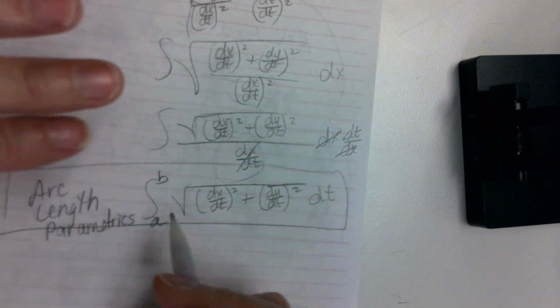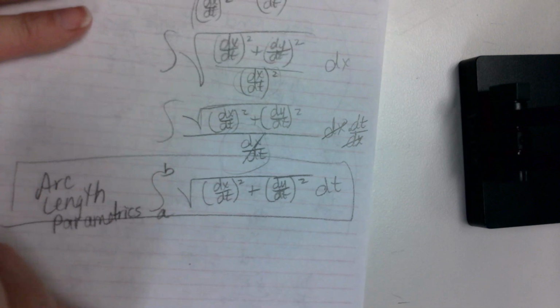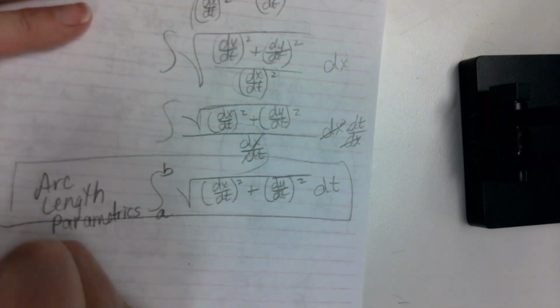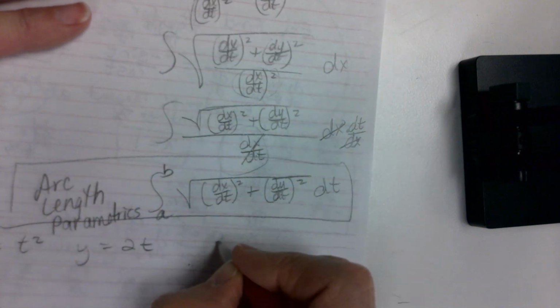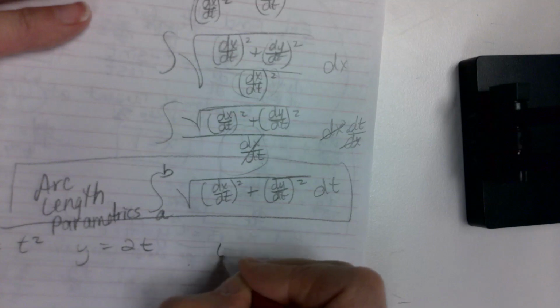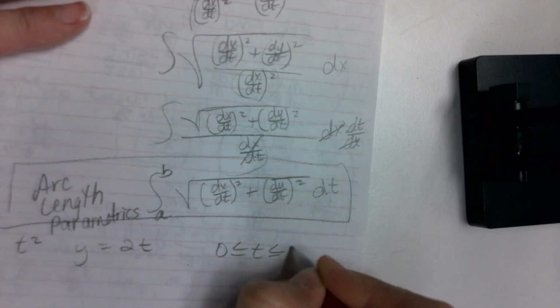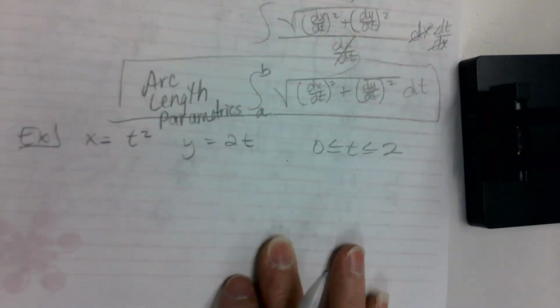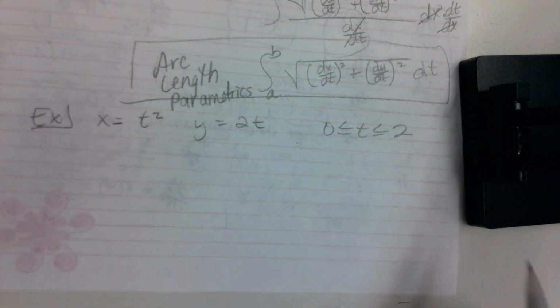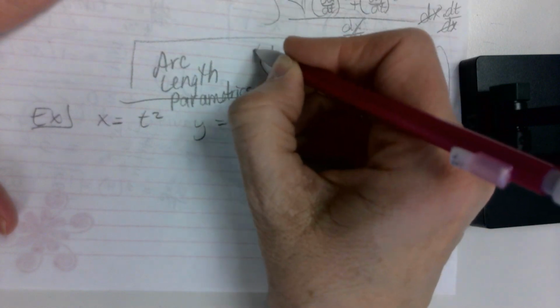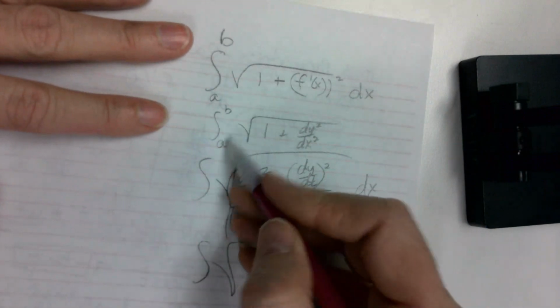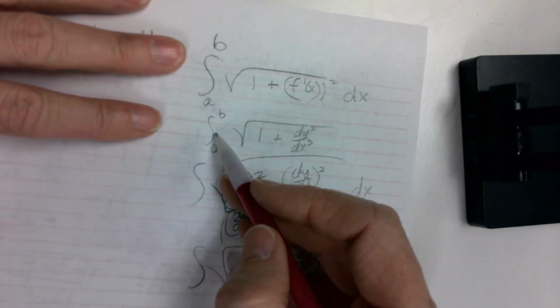So, if I just give you x equals t squared, y equals 2t, and I want to have the arc length on the interval from 0 to 2. These limits of integration, 0 to 2, are t values. Like this a and b are x values, aren't they?